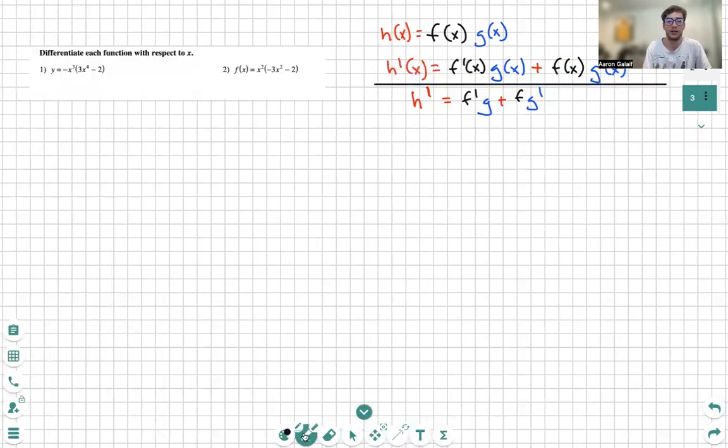Okay, so let's do number one then. The first thing we need to recognize is what's my f of x and what's my g of x. Well, we see y is equal to negative x cubed times 3x to the 4 minus 2. My f of x, I'm going to denote as negative x cubed.